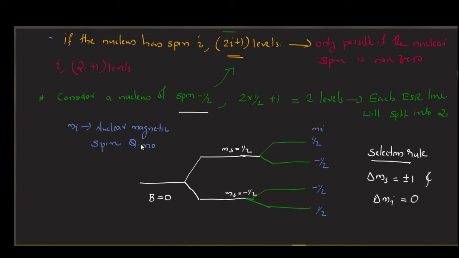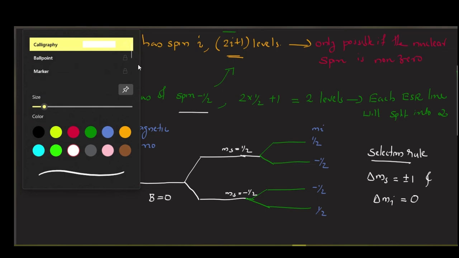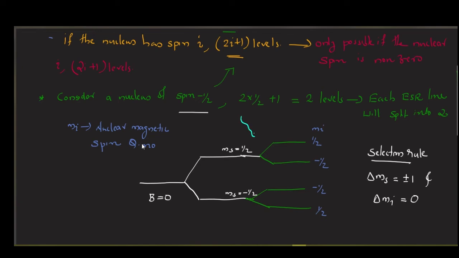Please remember this selection rule if the ESR hyperfine interaction is asked as a question. What happens if microwave radiation, h nu, strikes the molecule? There is a transition, but this transition should also follow the selection rule. Whenever there is a transition between these two levels, delta ms should be plus or minus 1, and delta mi equal to 0.